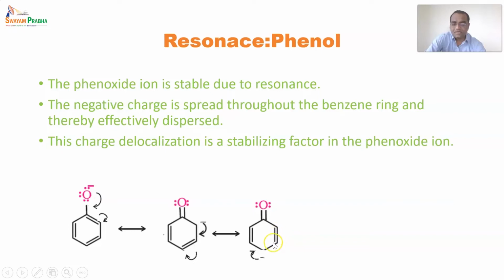Here it can be seen very clearly that the same thing happens again. With a negative charge on the para carbon, a bond forms between the meta carbon and para carbon, and the pi bond between meta and ortho carbon breaks and shifts the electrons towards the ortho carbon.